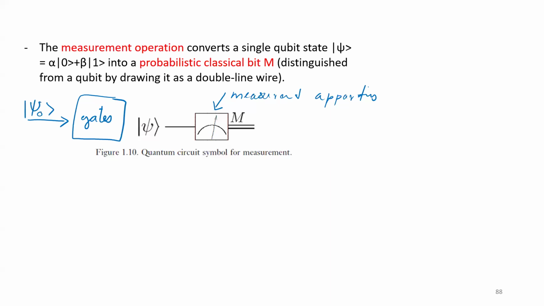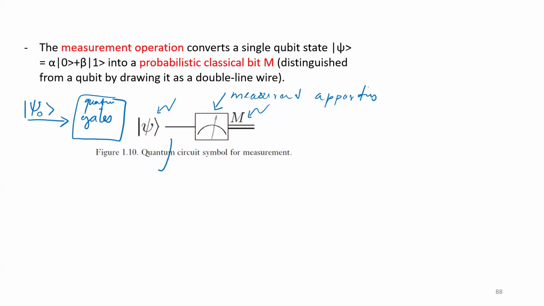You did some gates, so those were quantum gates. But at the end of the day, I have to measure something. So I'm going to apply a measurement process to psi to end up with some value that I'm looking for. That is what we call the measurement process, and it's going to give me a classical value.